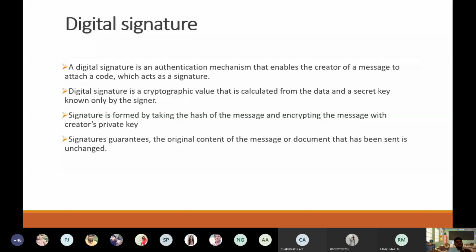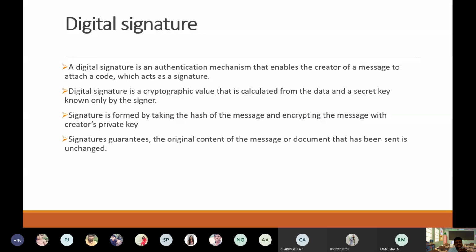In this digital signature, the message value will be there, and also the secret key known only by the signer. We can attach that message along with the secret key and compile it to create some value. That is a cryptographic value, and that is nothing but a digital signature.